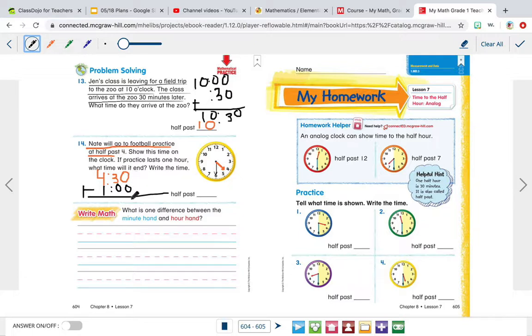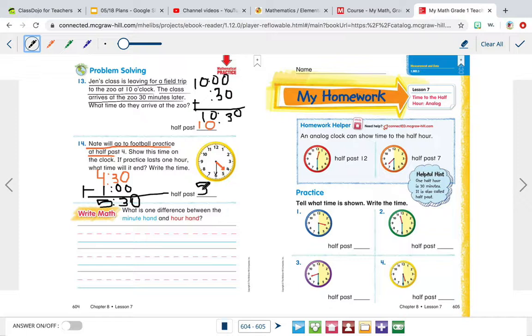So we add the zeros, there's 0. We add the 3 and the 0, there's 3. And then 4 plus 1 is 5. So it's going to be 5:30. And that is how you add hours and minutes. So it's 5:30.